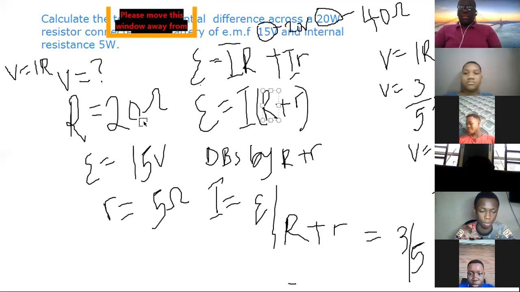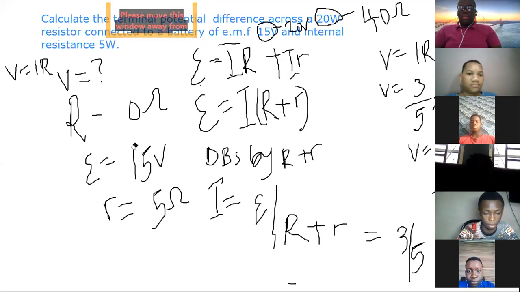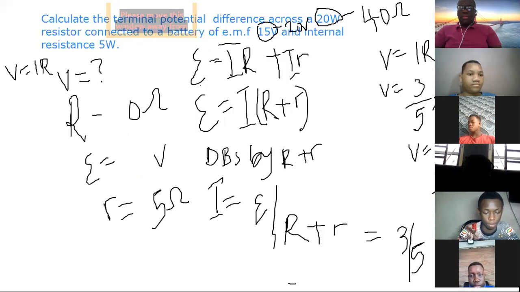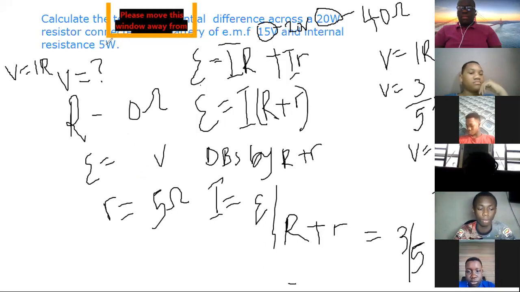Okay, let's see how to solve this. Now, I'm going to erase what I kept there. I changed R, I changed the EMF. Let's look at what to do from here. Look at the question: calculate the terminal potential difference across A. Instead of using 20 ohms, let's use 40.